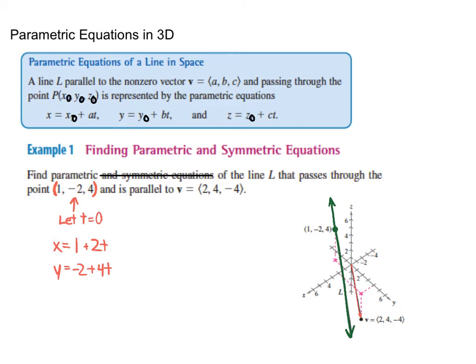Okay? Here's z. I'm starting at 4 when time is 0. But then, notice z, every unit of time is going to decrease by 4. So I have z equals 4 minus 4t. Those three equations together are the parametric equations. You got to have all three.